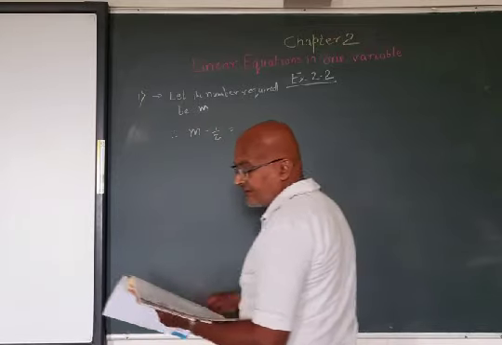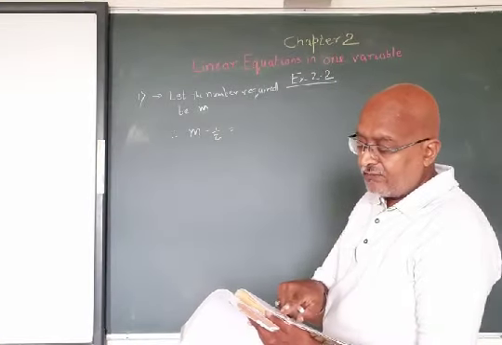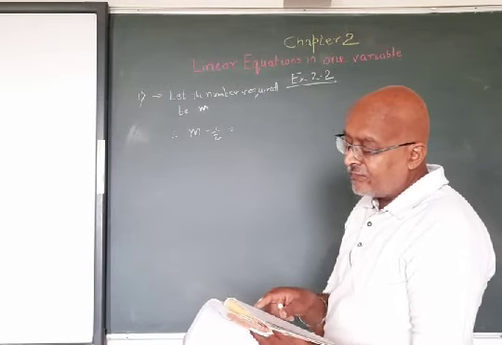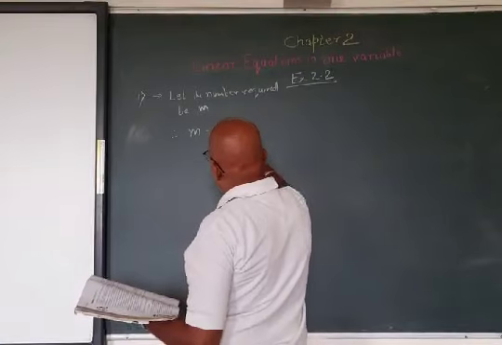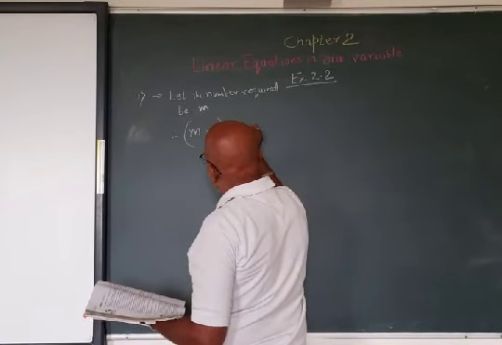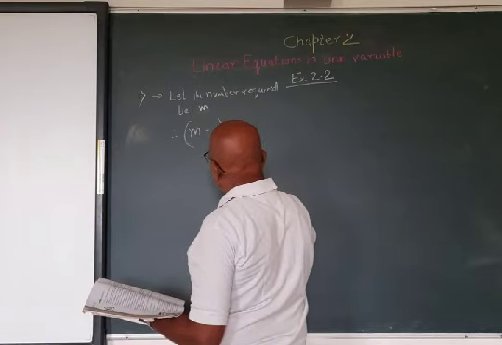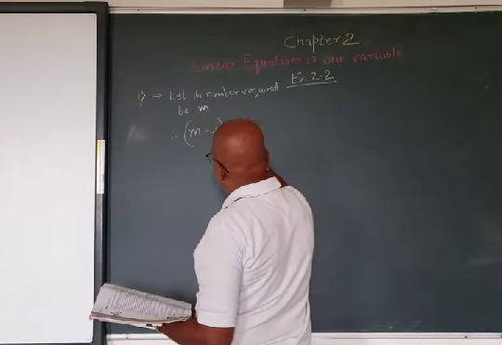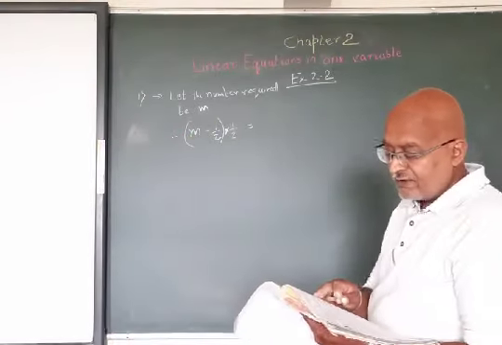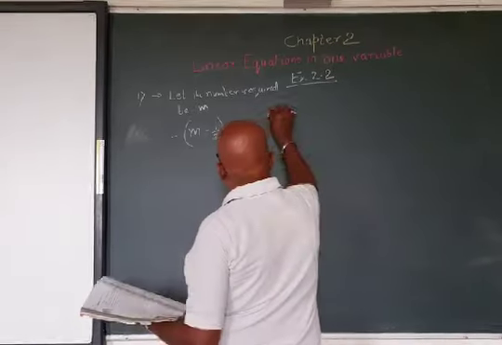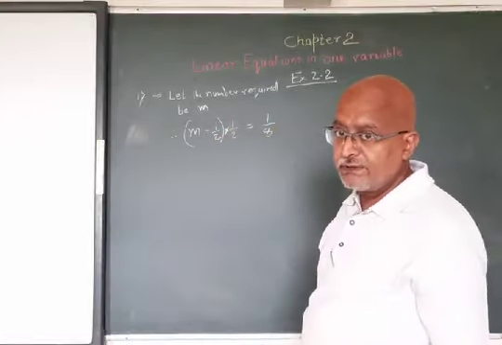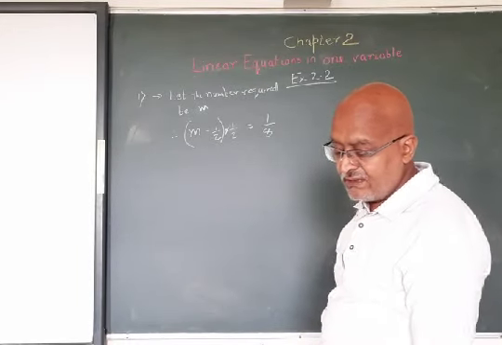It is clearly mentioned that if you subtract 1 by 2 from the number and multiply the result by 1 by 2, this is the result and you multiply this by 1 upon 2. This is multiplication. You will get 1 upon 8. So understood? It is very easy.